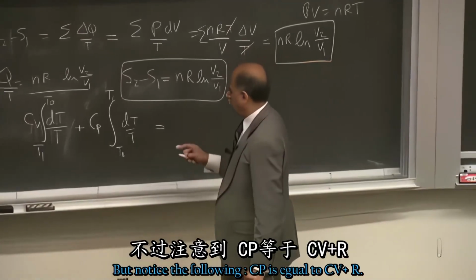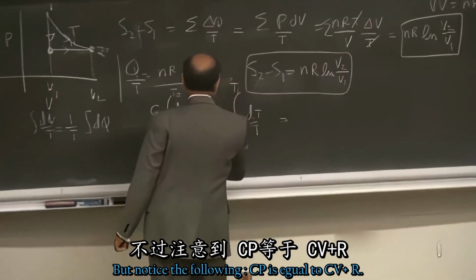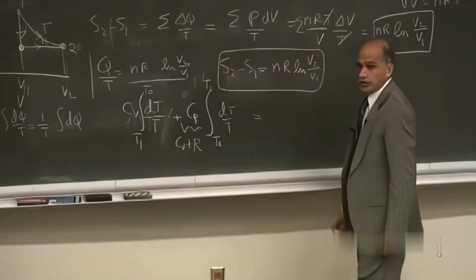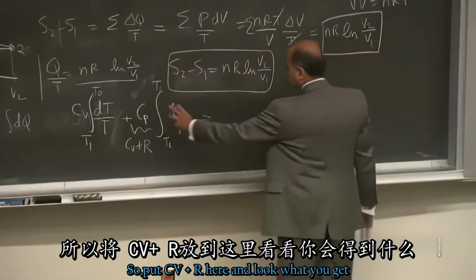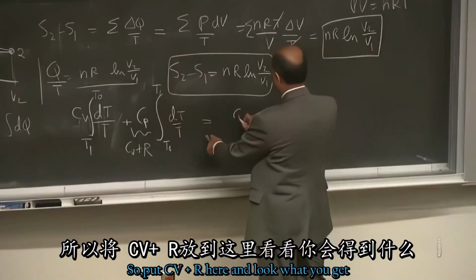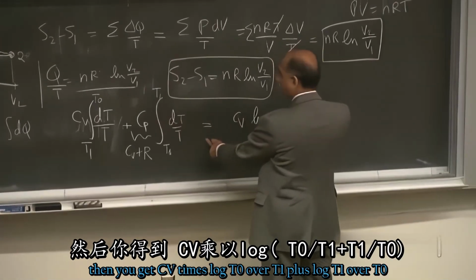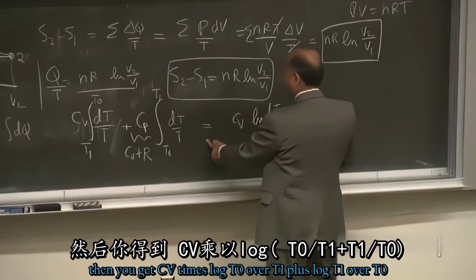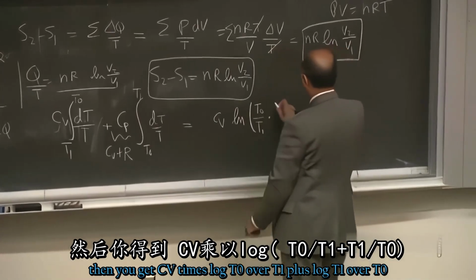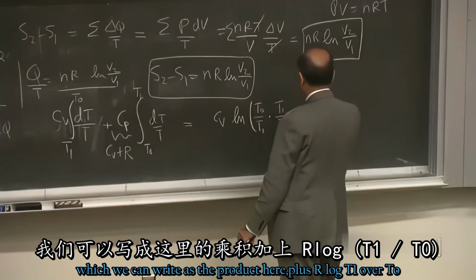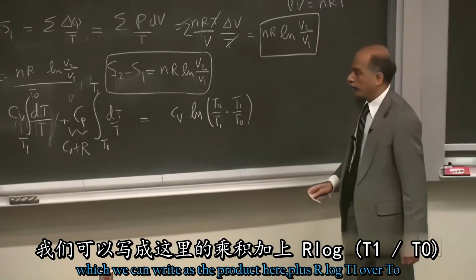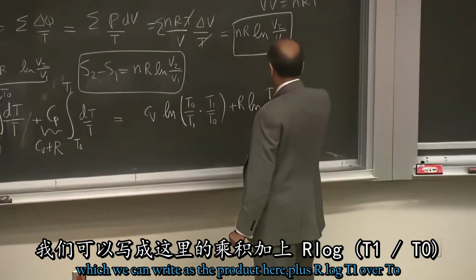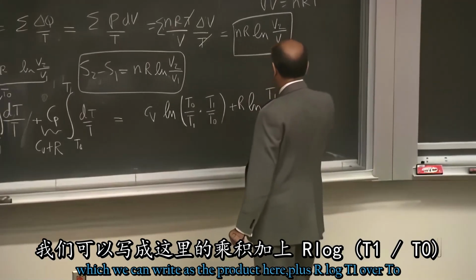But notice the following. Cp is equal to Cv plus R. So put Cv plus R here, and look what you get. Then you get Cv times log T0 over T1 plus log T1 over T0, which we can write as the product here, plus R log T1 over T0.